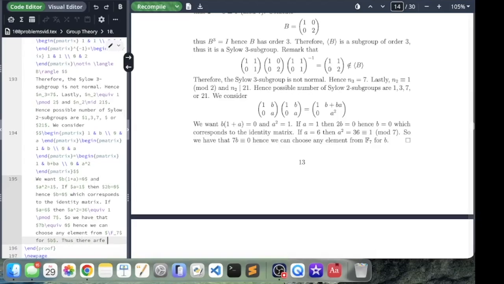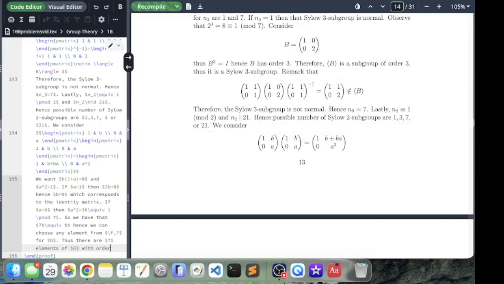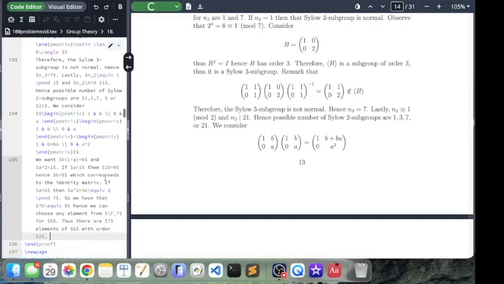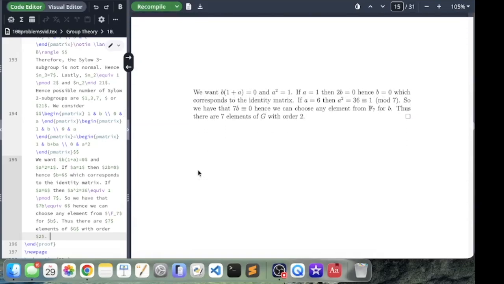Thus, there are 7 elements of G with order 2. Okay, we move down.